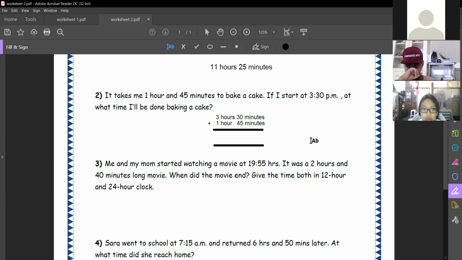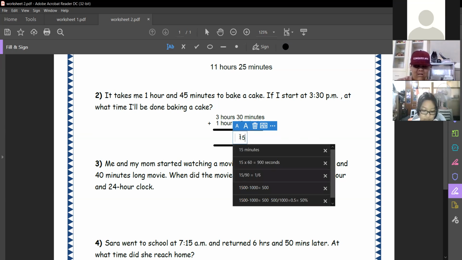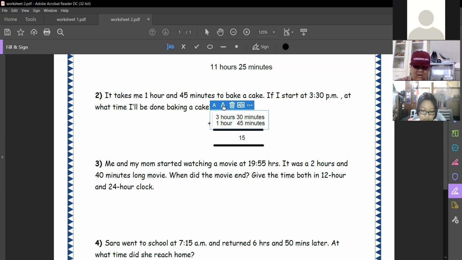Teacher, number 2, is the answer 5 o'clock 15? Exactly, correct. 5 o'clock 15. Why? 30 plus 45 is equal to? 75, but it's more than 60, so you minus 60. Exactly, so 15, but you need to add 1 here, correct?